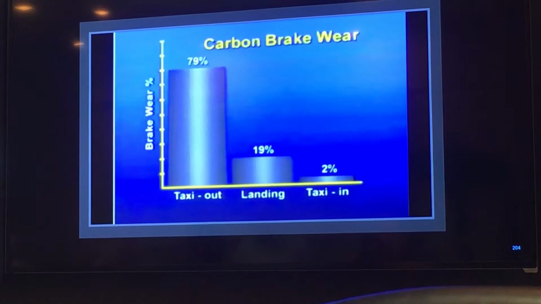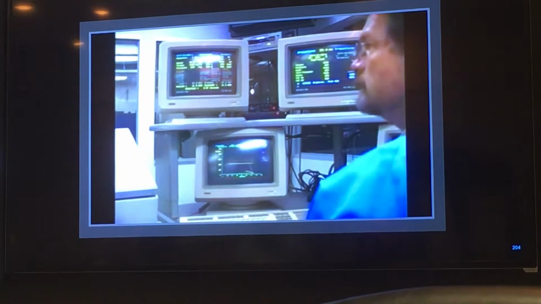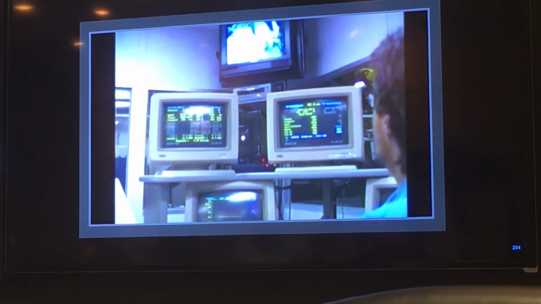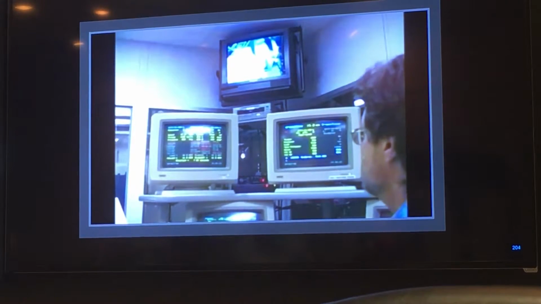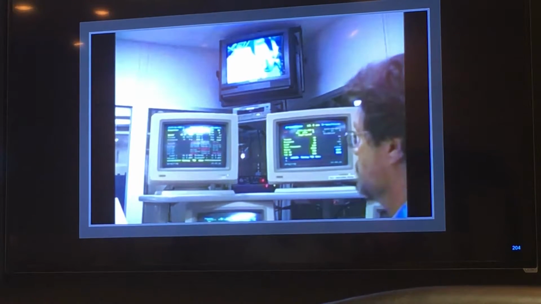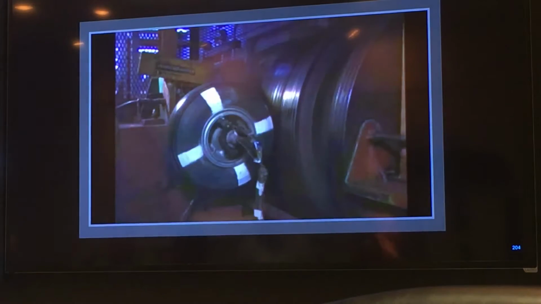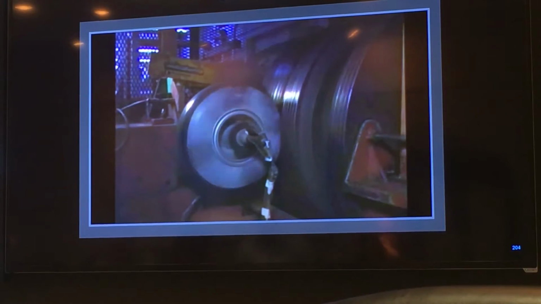To better understand the wear rate in the taxi out sequence, ABS-C conducted several laboratory simulations. In the initial test, we used two different taxi stop speeds, but the same number of taxi stop events. Interestingly, the test with the higher taxi stop speeds resulted in a very significant reduction in wear.